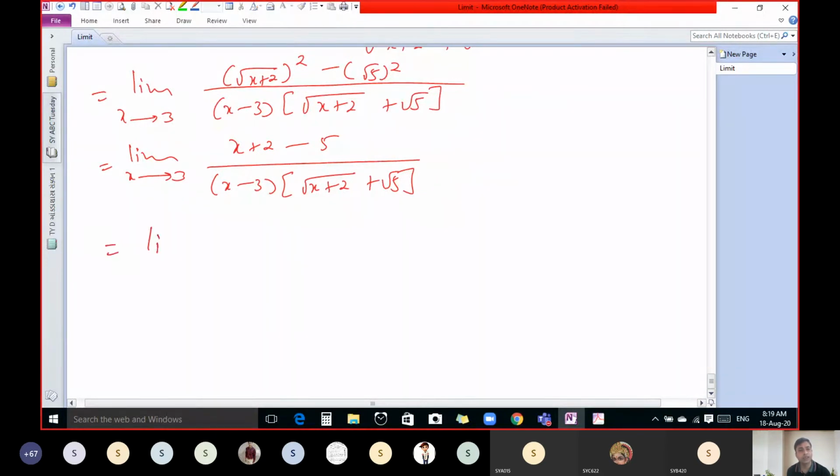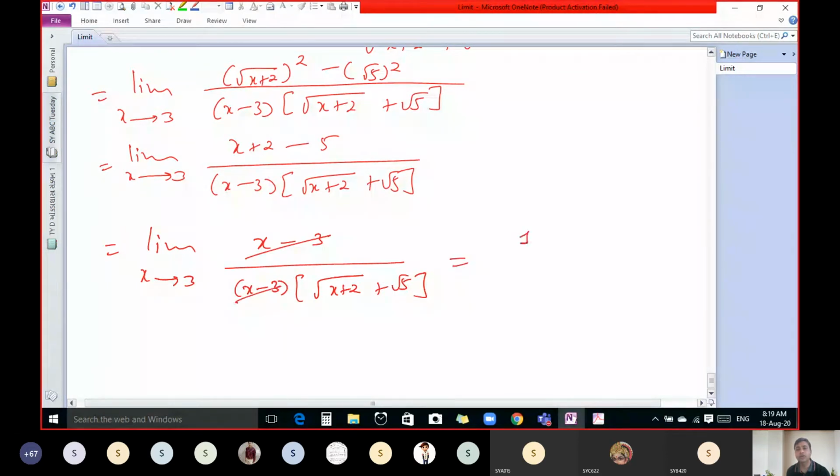So the answer for numerator is x minus 3 upon x minus 3, and in bracket root x plus 2 plus root 5. And you can cancel this x minus 3. And now in numerator we get 1, and in denominator put x equal to 3. So here we get root 3 plus 2 plus root 5. So 3 plus 2 is 5. So root 5 plus root 5. And root 5 plus root 5 is 2 root 5.